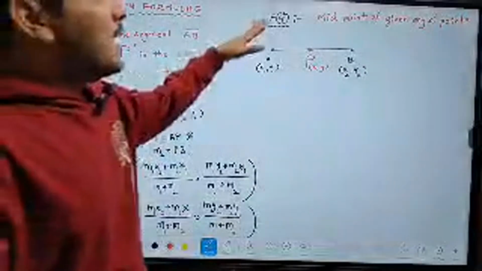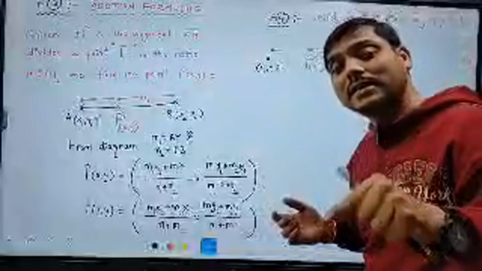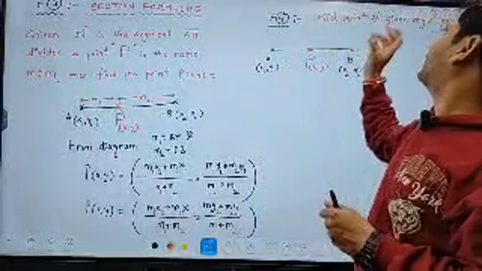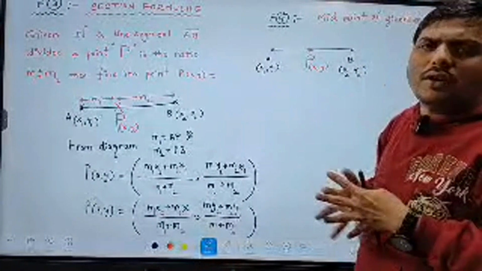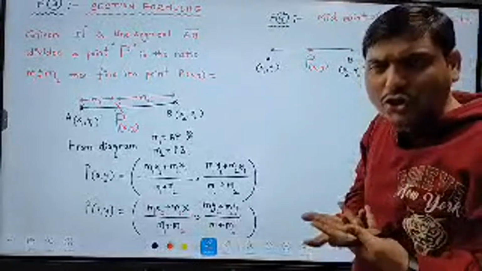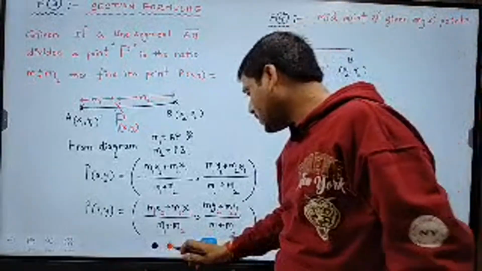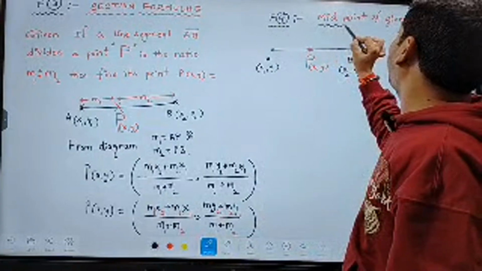But here, the point P divides the line segment AB in the ratio of m1 is to m2, which is not given, but is already inside that concept, students. Where is the ratio? Very, very important: that concept name is midpoint.